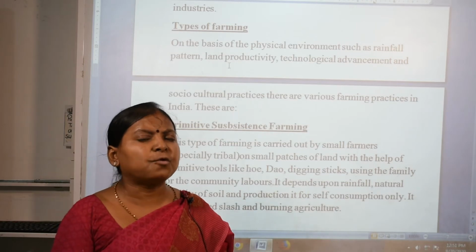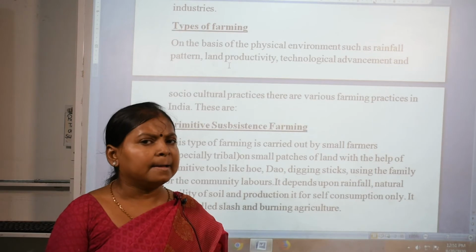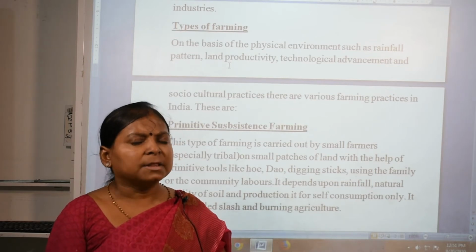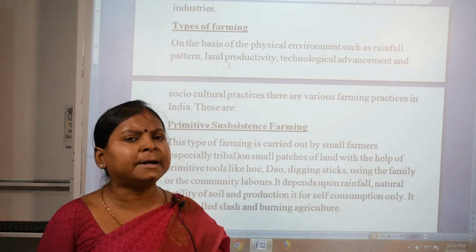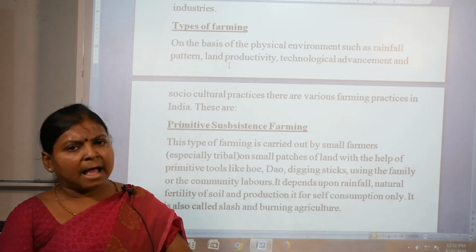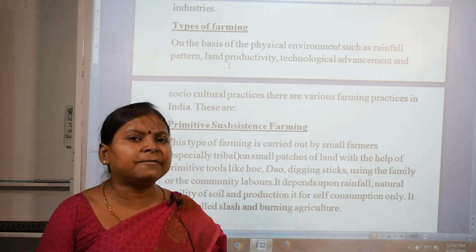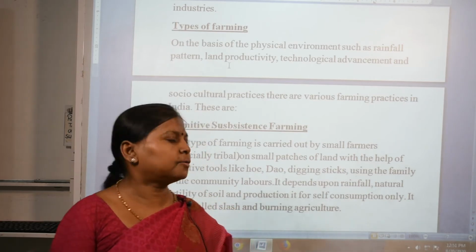Why? Because mostly these farmers and tribal people cut the forest, and after that they grow crops, for up to 5 years. When the fertility is reduced, they again burn and leave the land for a few years. When the fertility increases again in the soil, they grow crops again.